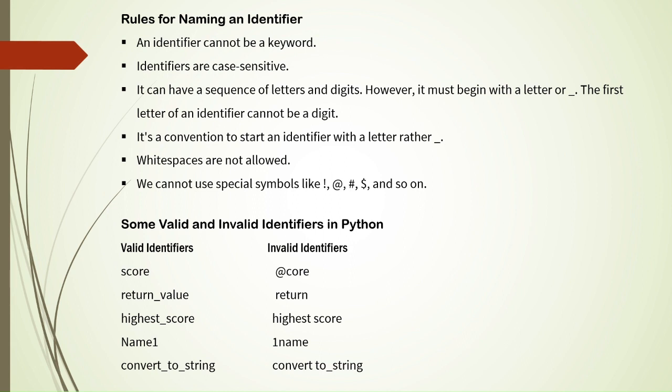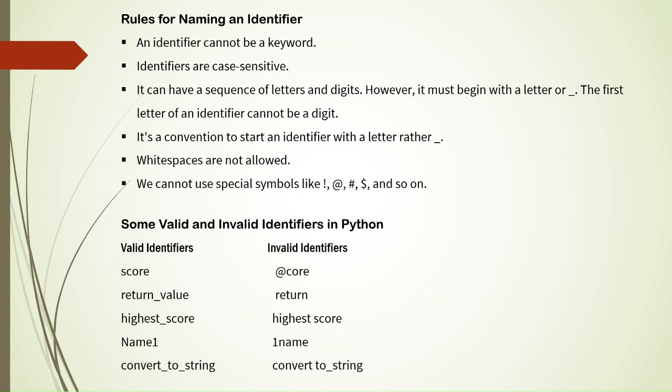The first letter of an identifier cannot be a digit. It's a convention to start an identifier with a letter rather than an underscore. White spaces are not allowed. We cannot use special symbols like exclamation, at, hash, dollar, and so on.